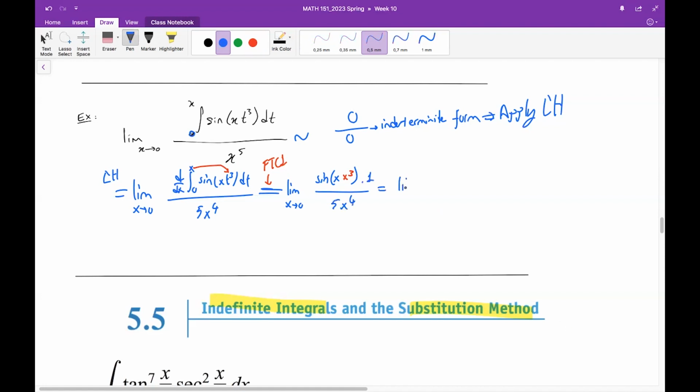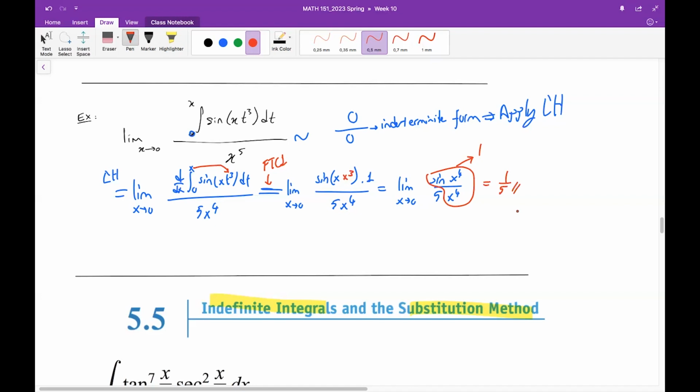So what we have is the limit as x goes to 0 of sine x to the power 4 over 5 times x to the power 4. And this is a famous formula. This part goes to 1 as x goes to 0, so the result is computed as 1/5.